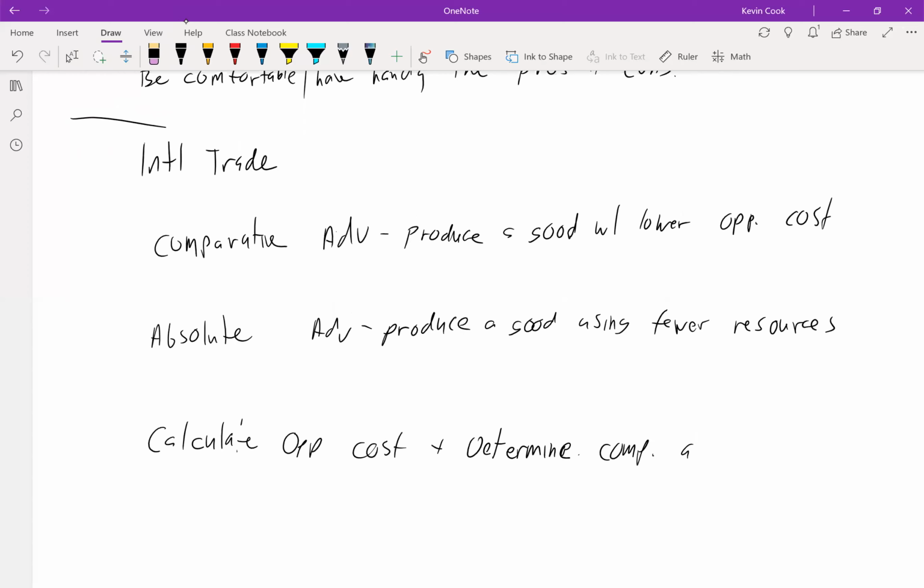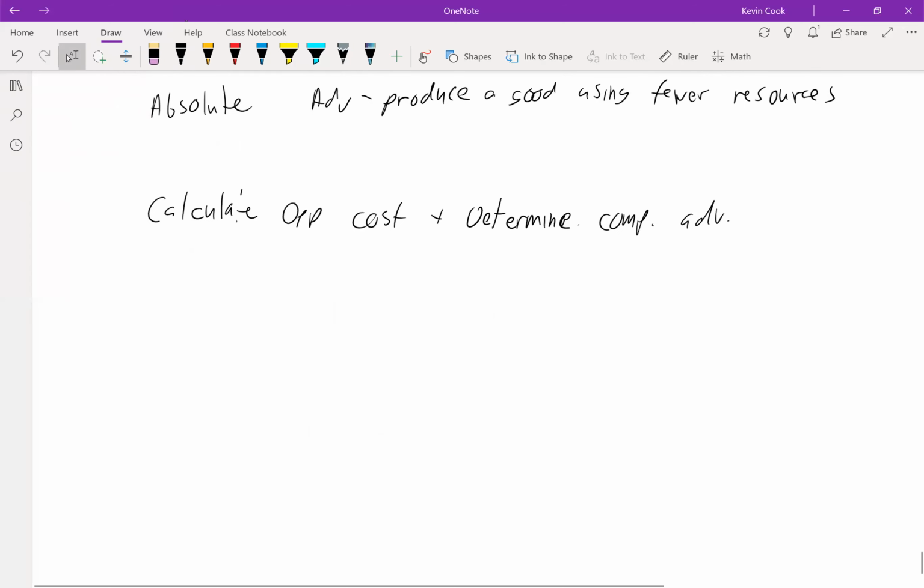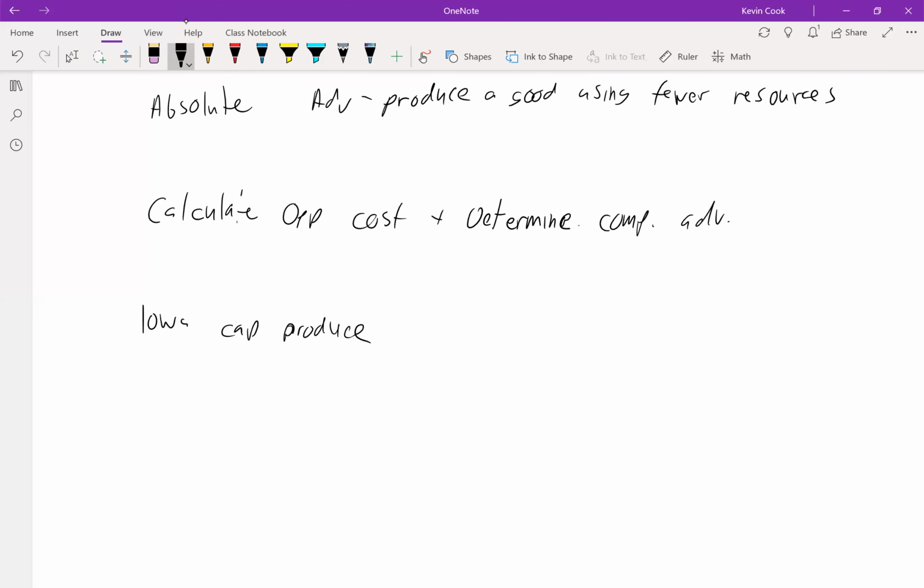So a problem that could come up is this: suppose that Iowa can produce either 75 wheat or 100 corn.